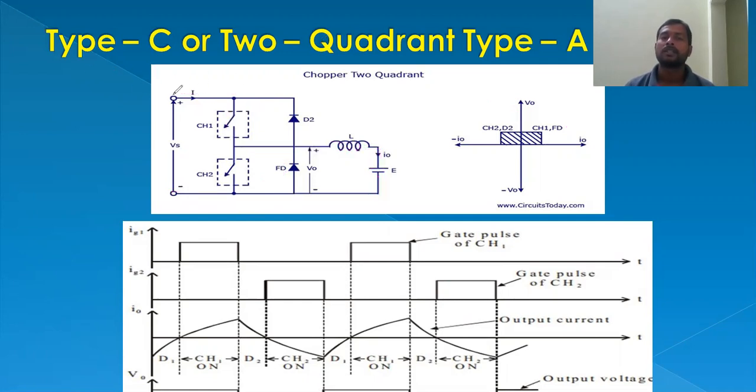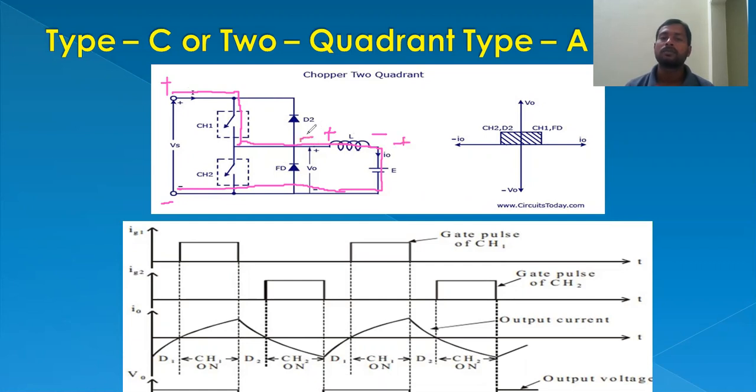Once again, when the chopper is closed, this is the path for the current to flow in this direction. This is the current path direction. In this direction, the current entering through the inductor is positive and negative, and the supply here is positive and negative.